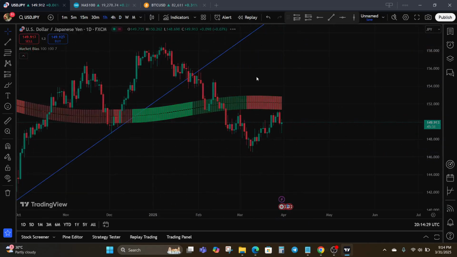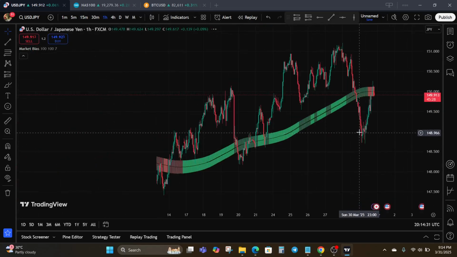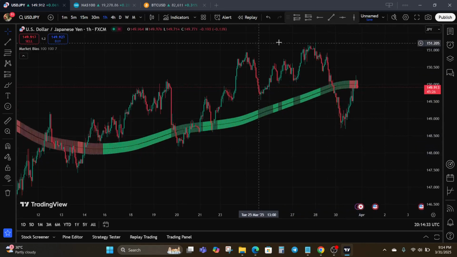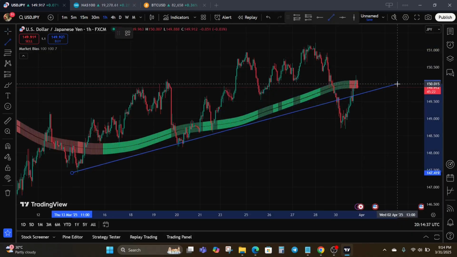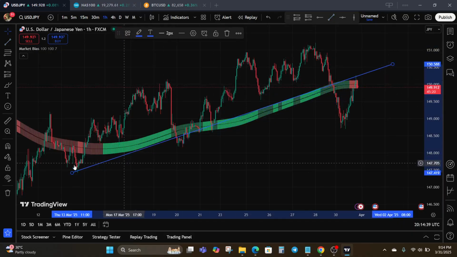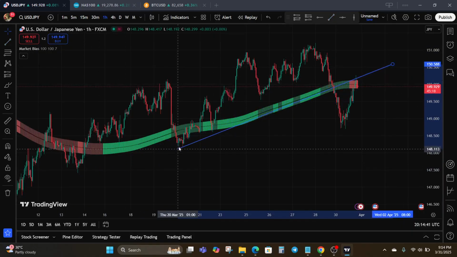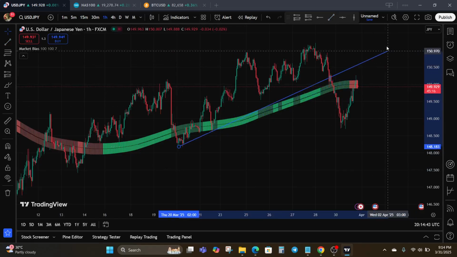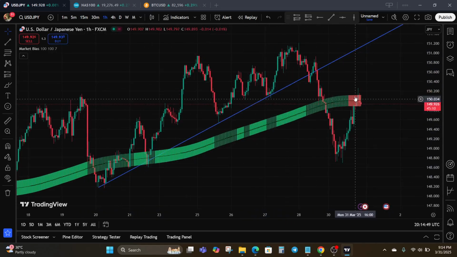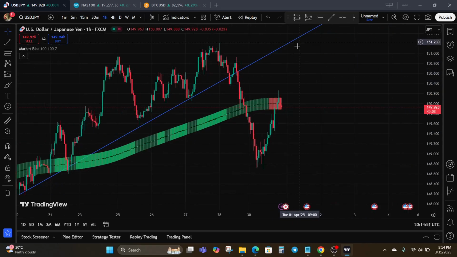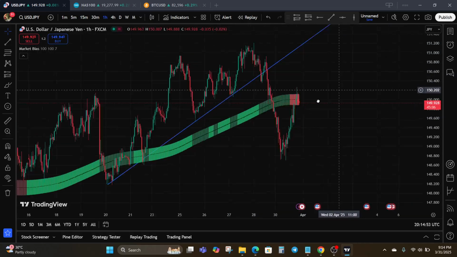For example, this is a trend line drawn for this particular bullish move. If price never comes back to retest this trend line, it might become obsolete.